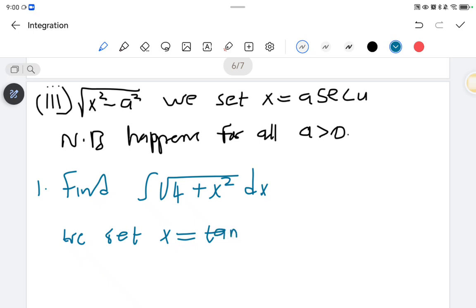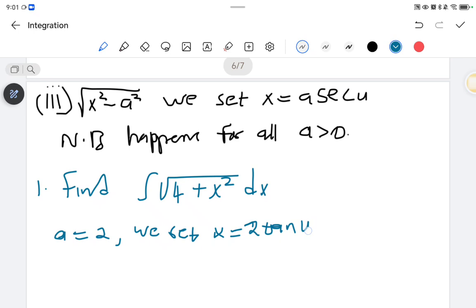Before we set tan, let's look at our conditions. Here we know that a is equal to 2, because 4 is in the form of 2 exponent 2. So x is equal to 2 tan u.